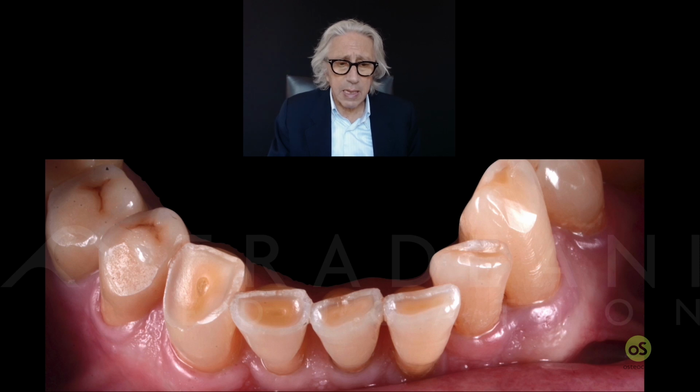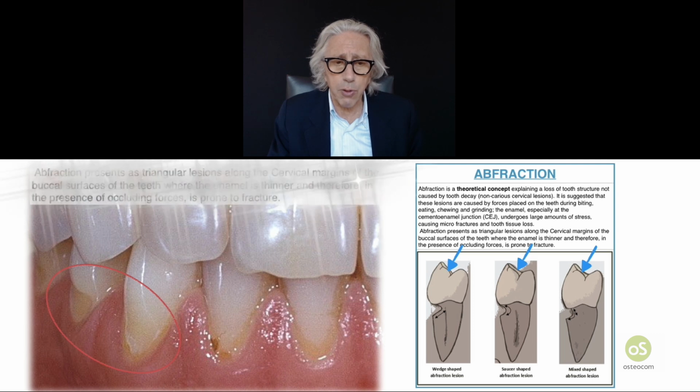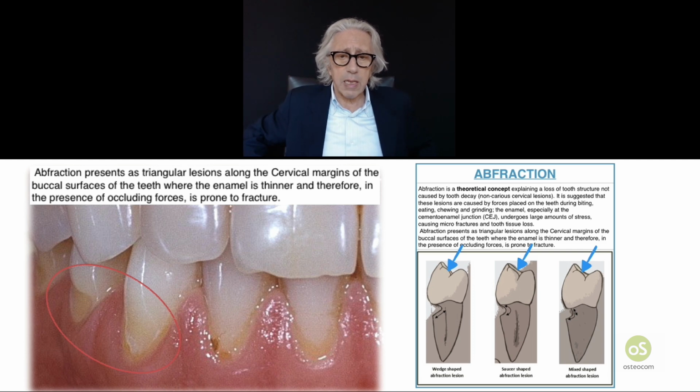You can see some classic attrition. Very clearly attrition is presented over here with the antagonist. It is quite easy to see the facets in this area. So when you talk about abfraction, it is actually possible to have this V-shaped lesion, and they present a triangular lesion along the cervical margin of the buccal surface of the teeth.